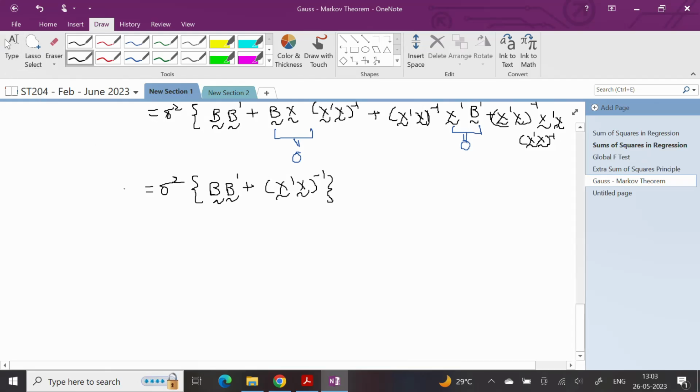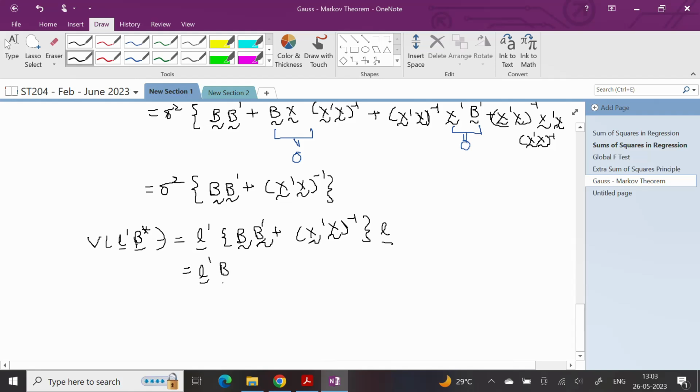Now let me consider the variance of any linear combination of beta star. So I will have the variance of L prime beta star. So that will become L prime into this variance, that is B prime plus (X prime X) inverse, into L. So this becomes L prime B prime L plus L prime.